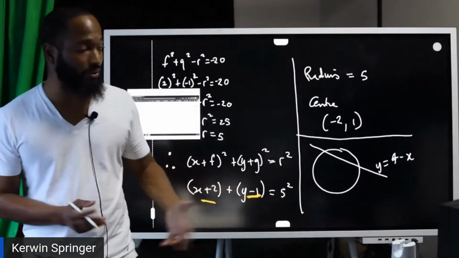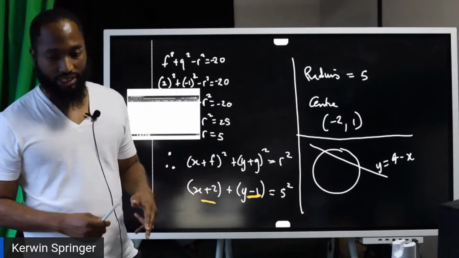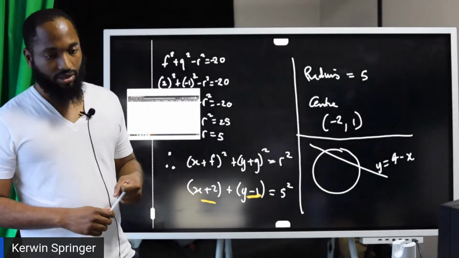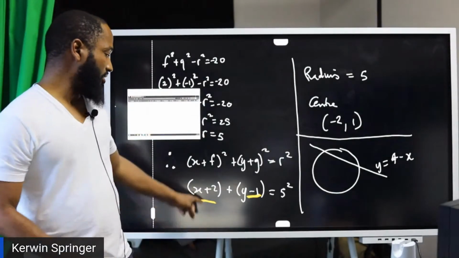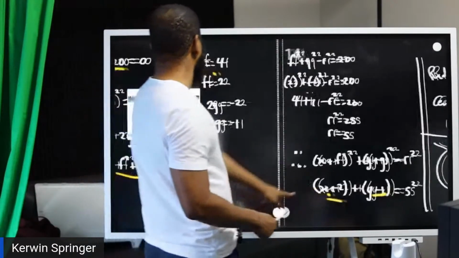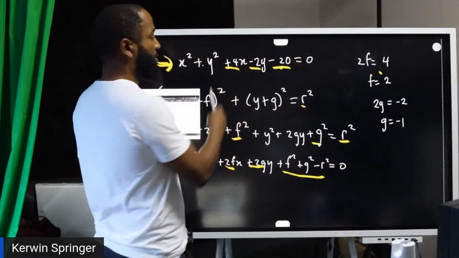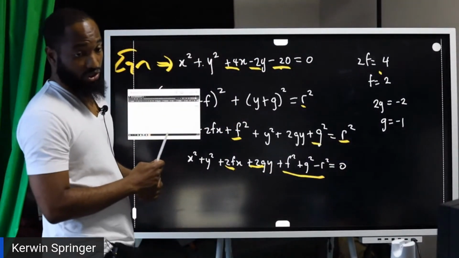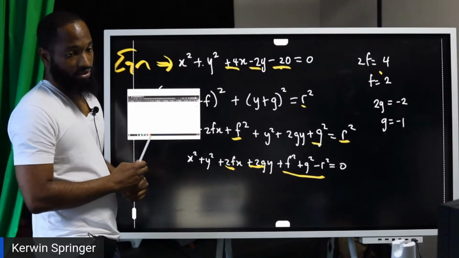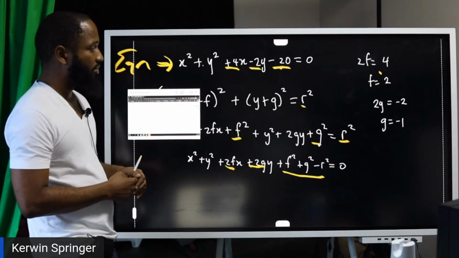Now I don't know the circle's position relative to the line, but I can tell you three things that can happen when a line hits a circle. By the way, before I talk, you have the equation in this format, so you can do a little substitution and solve simultaneously.